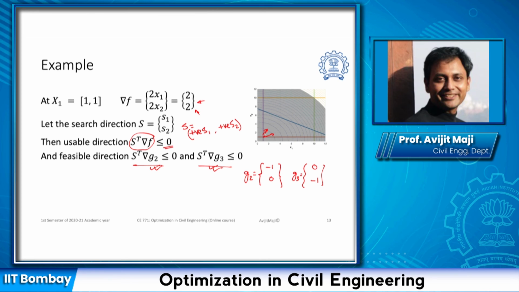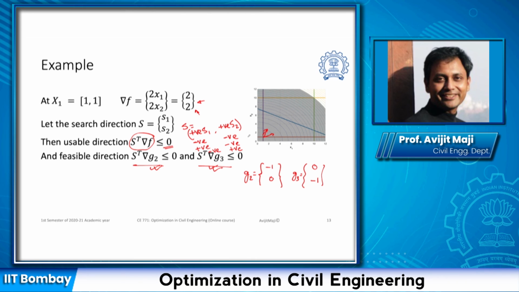What happens if we choose any other direction which is partially negative or completely negative? Either both are negative, or one is negative, another is positive. So suppose this is positive and this is negative, or this is negative, this is positive.